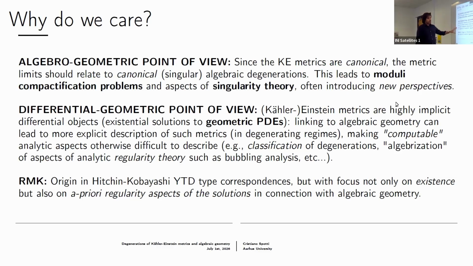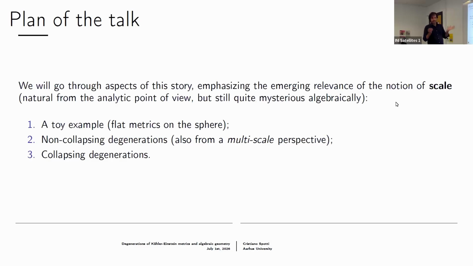So we don't focus only on existence, but on what an analyst would call a priori regularity of solutions of the Kähler-Einstein equation. We want to understand how this solution degenerates a priori in relation with the algebraic geometry.